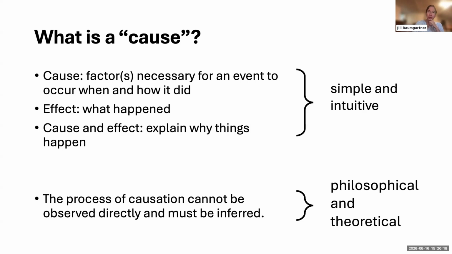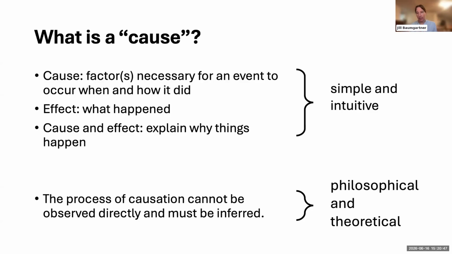But when you start thinking about cause and effect a little more deeply, causation gets really tricky, and even philosophical, because we often can't see causation directly. We can only infer it. That's why there's so much debate about what it really means to say that something causes something else, and how we know when a true causal process has actually taken place.